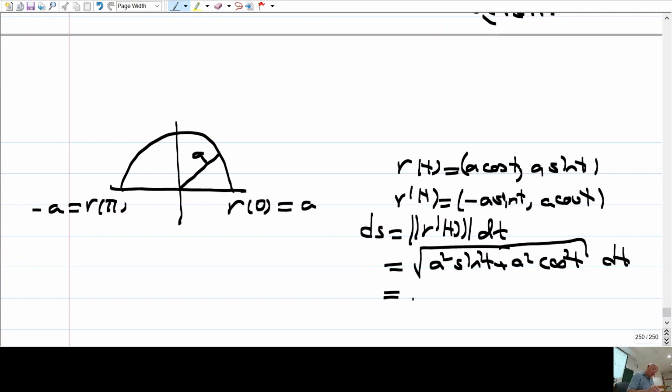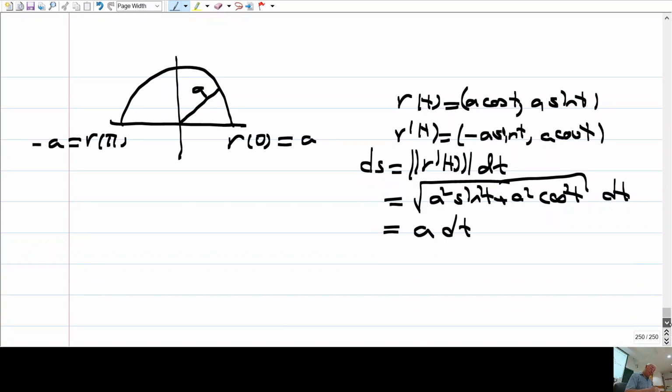So this is just a dt, because sine squared plus cosine squared is just 1. So ds is just a dt.